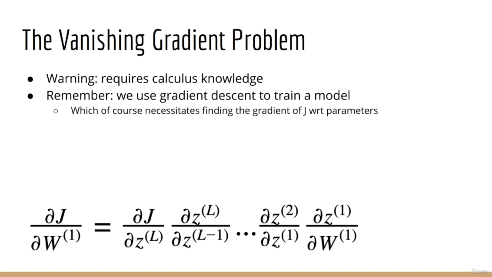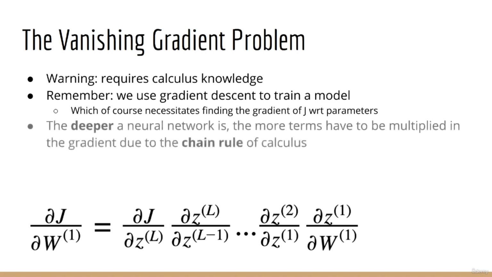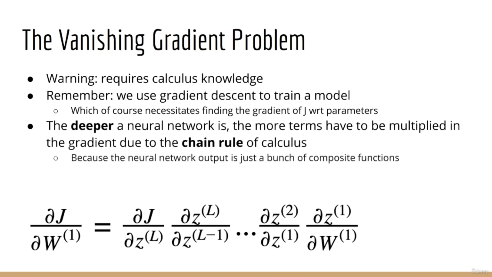The problem is, when you have a very deep neural network, your gradient has to propagate backwards throughout the neural network starting from the end. What happens is, your output is made up of a bunch of composite functions, basically a sigmoid of a sigmoid of a sigmoid, and so on. When you take the gradient of composite functions, you get the chain rule. So composite functions become multiplication in the derivative.